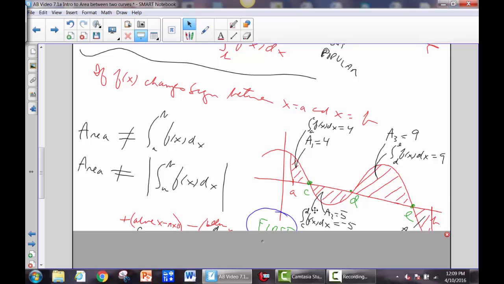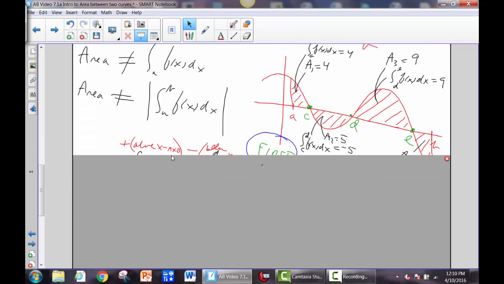However, the problem is that the integral from c to d will be negative. So you can't go 4 minus 5 plus 9 and expect to get 18. So the area is not equal to the integral from a to b, and this is the surprising part, it's not equal to the absolute value of the integral from a to b.